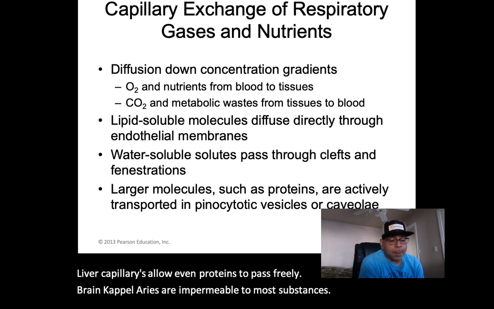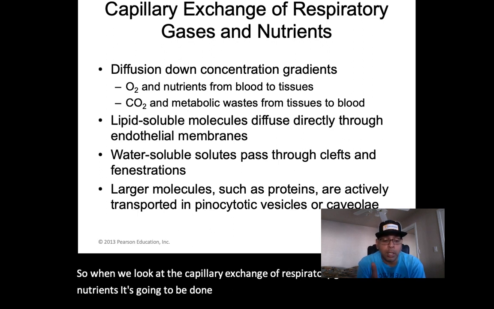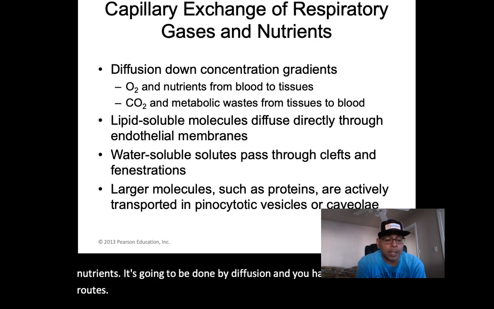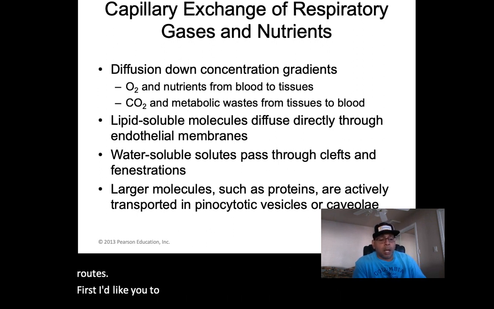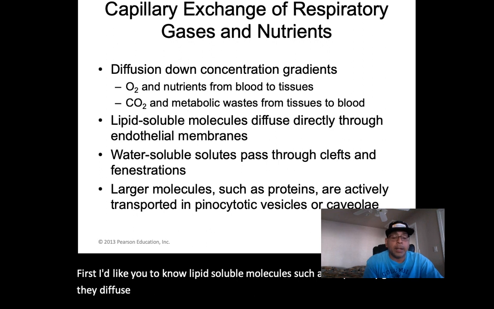So when we look at the capillary exchange of respiratory gases and nutrients, it's going to be done by diffusion, and you have 4 different routes. First, I'd like you to know lipid-soluble molecules such as respiratory gases diffuse through the lipid bilayer of the endothelial cells.